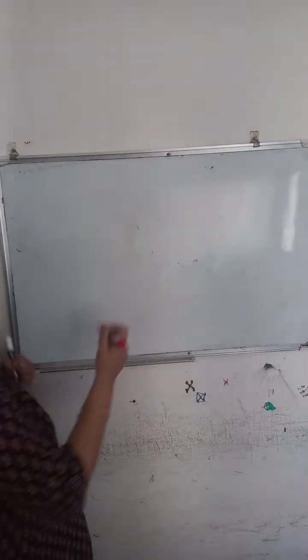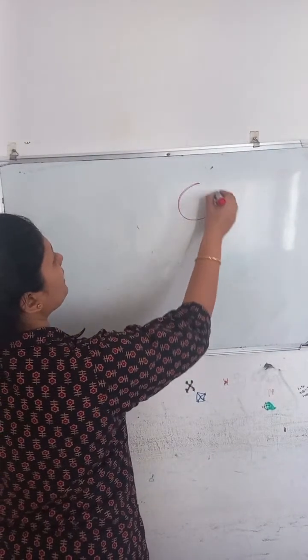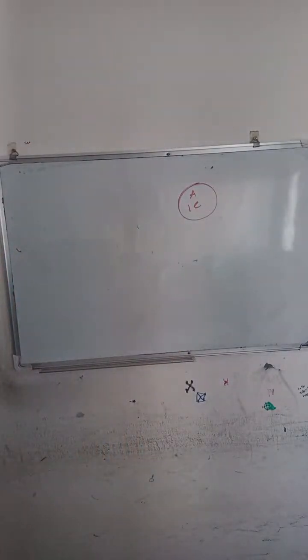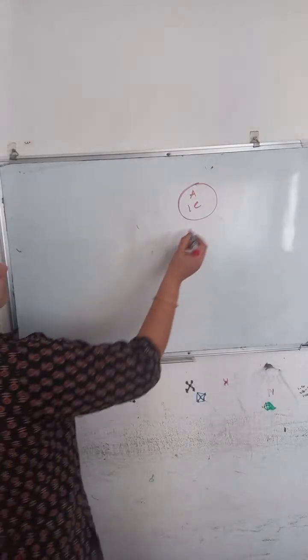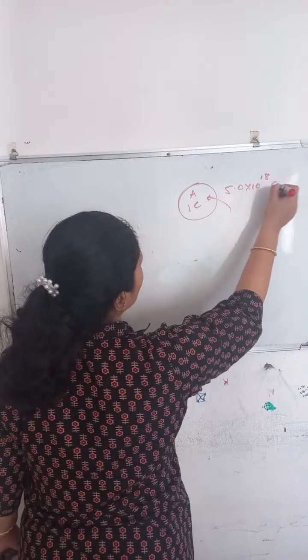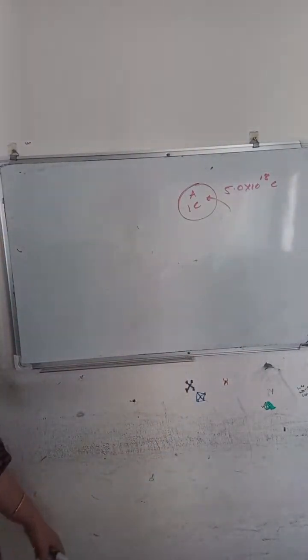Can you understand? Here we have one body, body A. Already there is a 1 coulomb charge, and it gains 5.0 into 10 raised to 18 electrons of charge from someone.